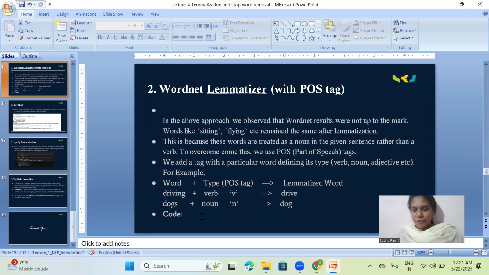With the parts of speech tag also, we can do lemmatization. Driving plus V tends to drive. In POS, first we have to identify the tag, either it is a verb or noun like that. Dogs plus noun tends to dog.